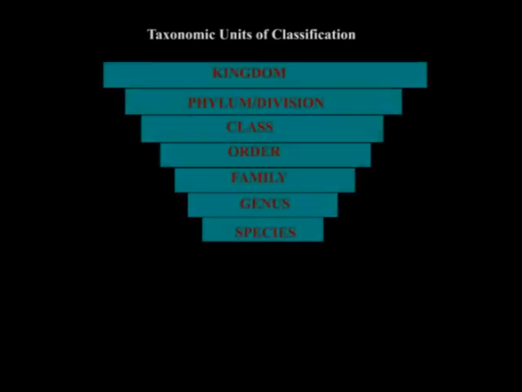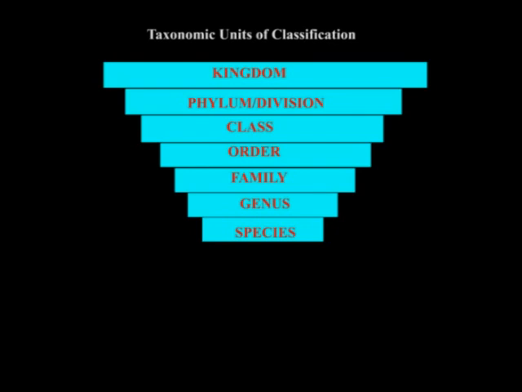Taxonomic units of classification. Now, this refers to the groups or taxa into which organisms are placed as a matter of convenience. The grouping is based on easily observable characteristics that are common in the group. Each taxonomic unit reflects the position of an organism in relationship to others in the classification scheme.